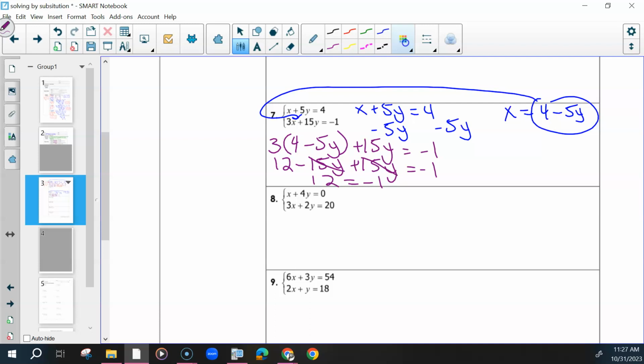No solution. We multiplied it. So because we have no solution, these would be parallel lines. They're never going to intersect.